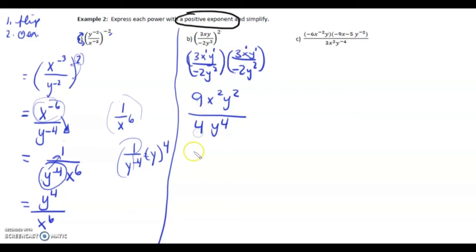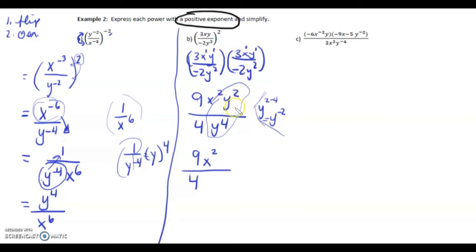Okay, 9 over 4 doesn't divide, so let's just leave it. X squared is the only x value, so let's just leave it. And now we're dealing with y squared over y to the 4. So the true way to do it is the exponent in the numerator minus the exponent in the denominator, and we get y to the negative 2. That's the formal way of doing it.